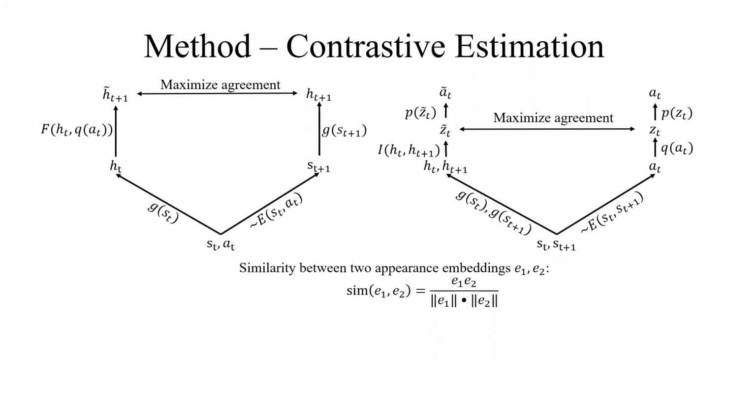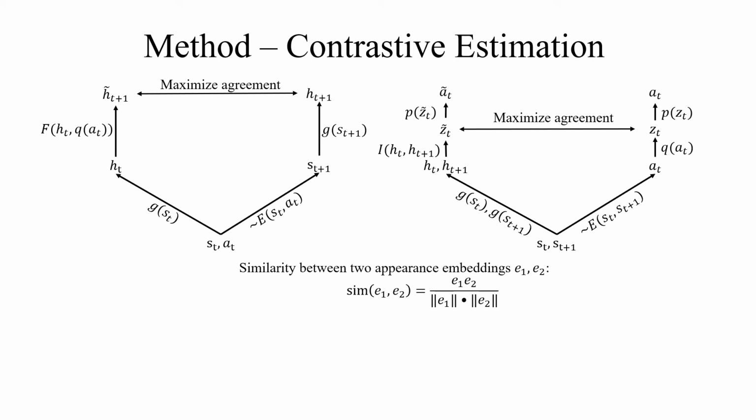Inspired by recent contrastive learning algorithms, we propose to train these models by maximizing agreement between the predicted and real representations via contrastive loss. Here we use cosine similarity to denote the distance between two representations. We randomly sample a mini-batch of N state-action-state tuples.